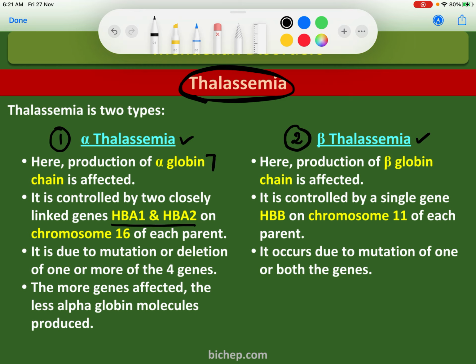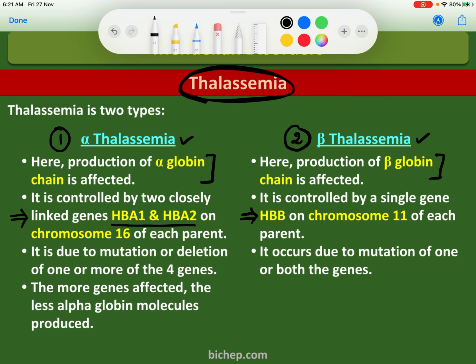So here the production of alpha globin and the production of beta chain are affected. Responsible for alpha thalassemia are the HbA1 gene and HbA2 gene, whereas responsible for production of the beta chain is the single HbB gene.